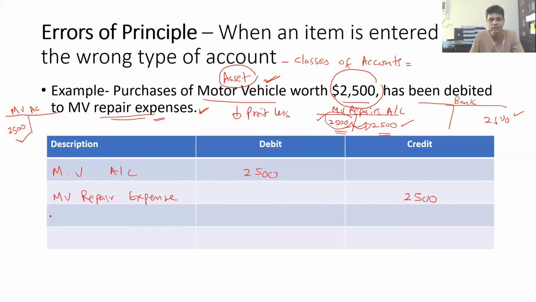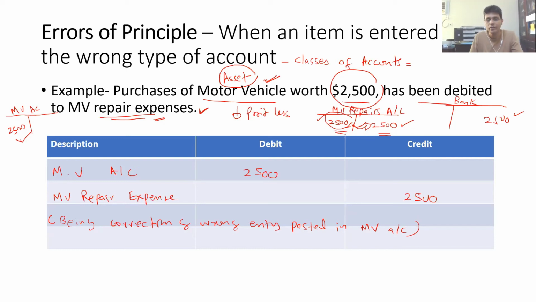So you can say being correction of errors, being correction of wrong entry posted in motor vehicle account. Is that clear?